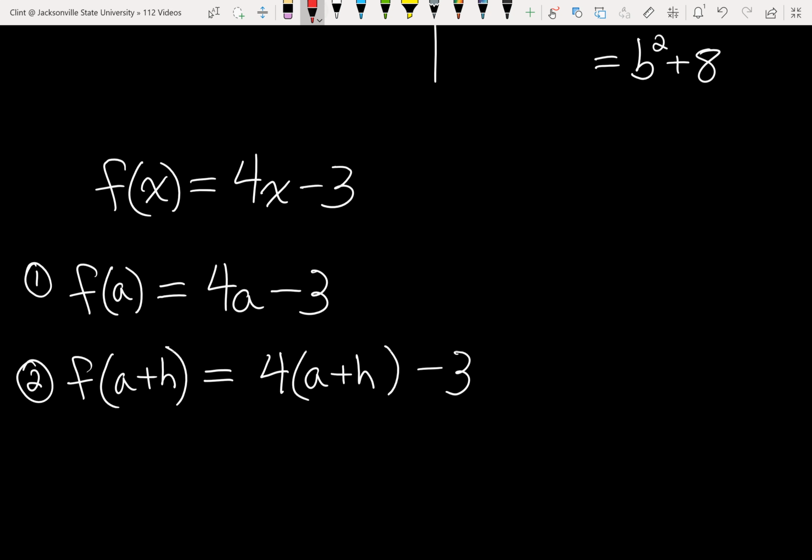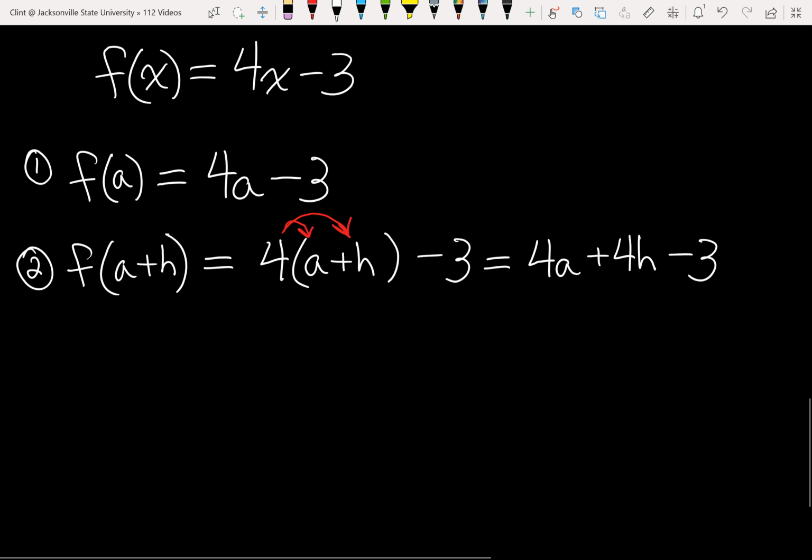And then if we're simplifying here, which it's a good idea to do, then we can distribute this 4. Okay. And what do we get? We get 4 times a plus 4 times h minus 3. Okay, so there's f of a plus h. It looks weird, but it's not difficult.